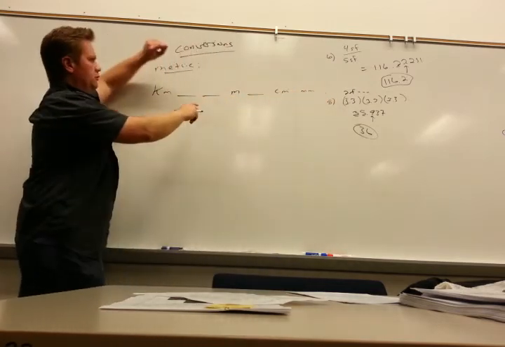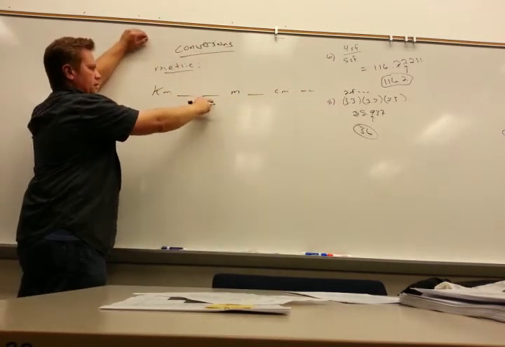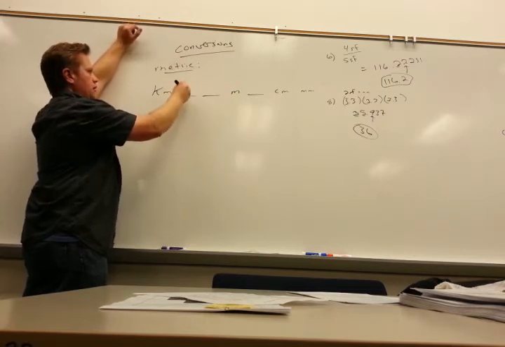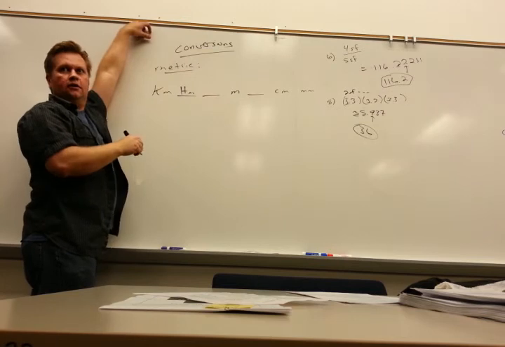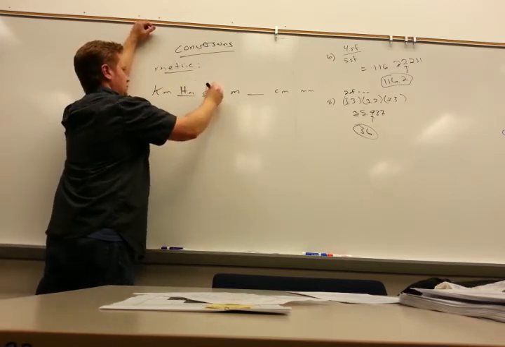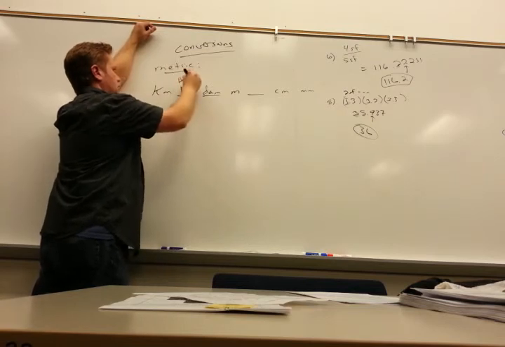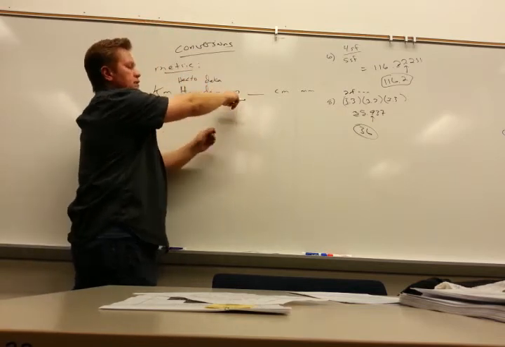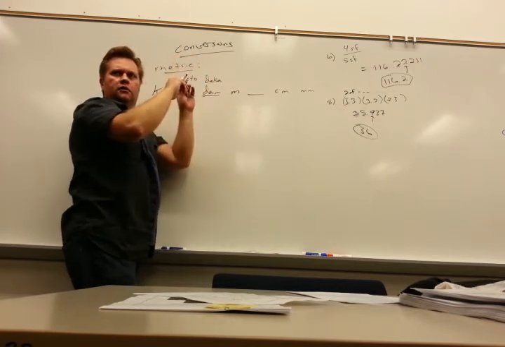Let's fill in the blanks here real quick. What are these here? Anybody know? Hectometer. Good. Hectometer and then decameter. So this is hecto, deca. And here, this is like a whole number in a way. You with me? 3 meters.